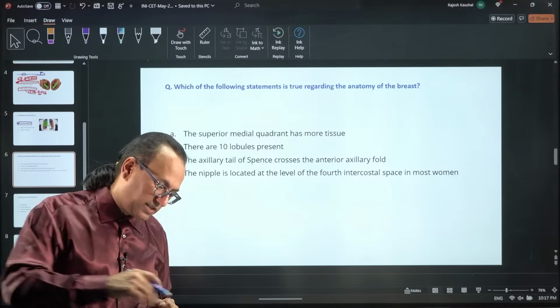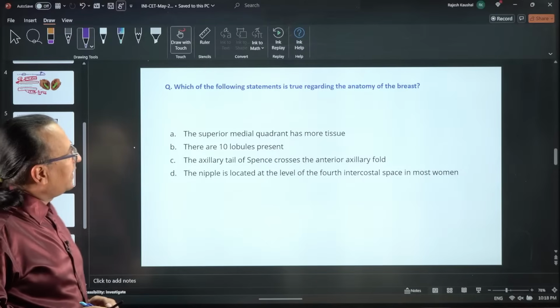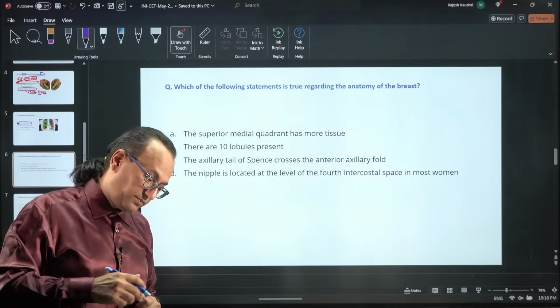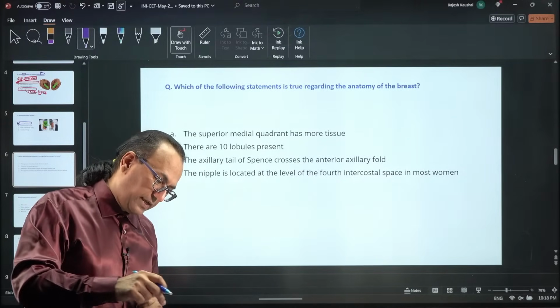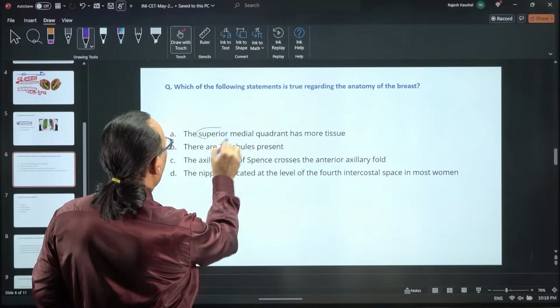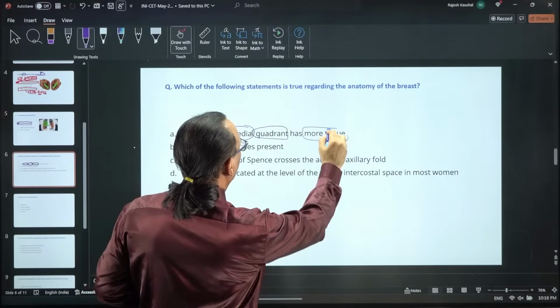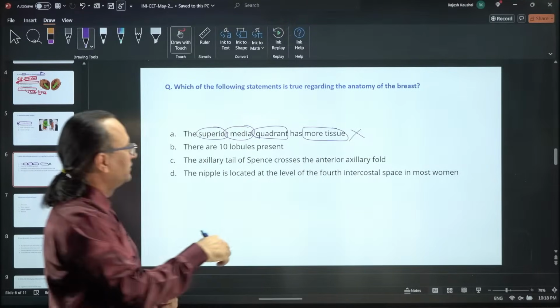Tell me what is the answer to this question. Which of the following statements is true regarding the anatomy of the breast? If you say the superior and medial quadrant has more tissue, that is not correct.